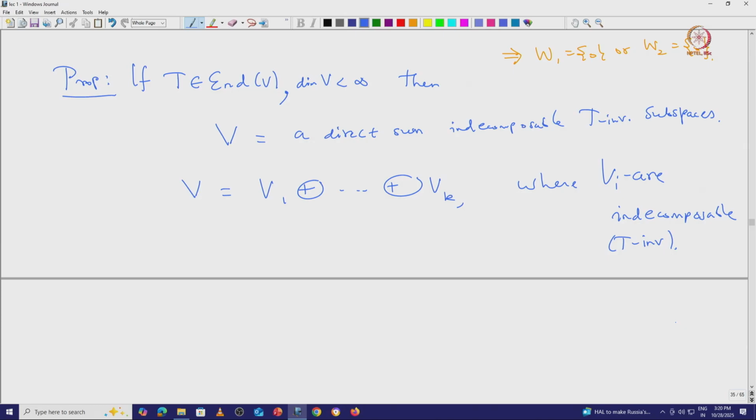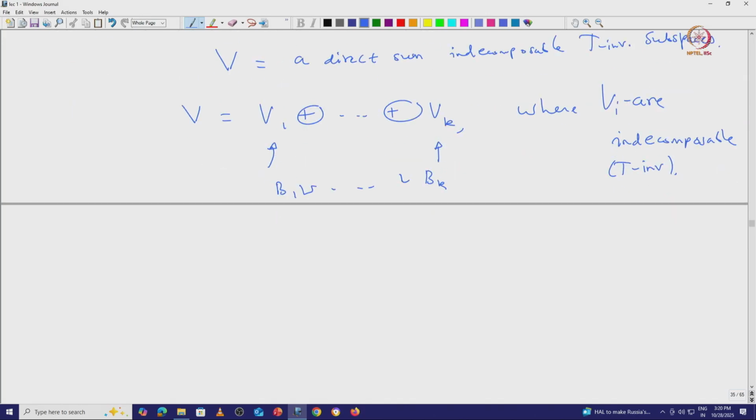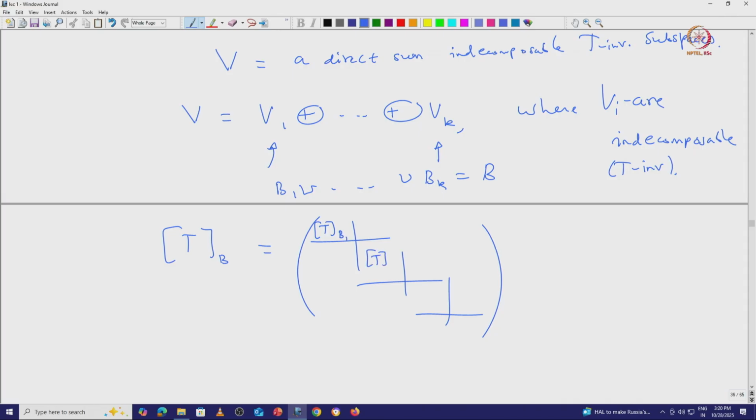Now, once you have this result, there is hope that you can find a basis for each individual subspace, and then put them together to form a basis for V. With respect to that basis, the matrix of T looks somewhat nicer. It looks like block diagonals: you have a matrix with respect to B1, a matrix with respect to B2, and so on.